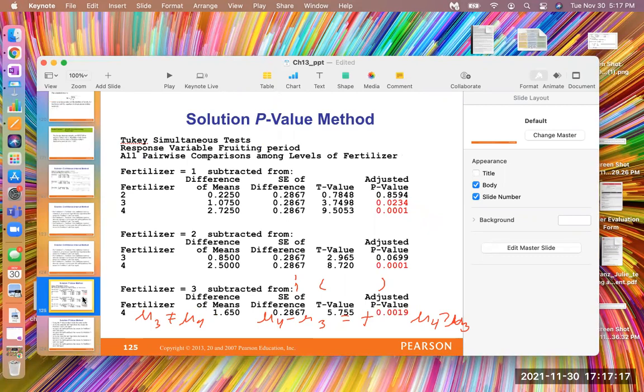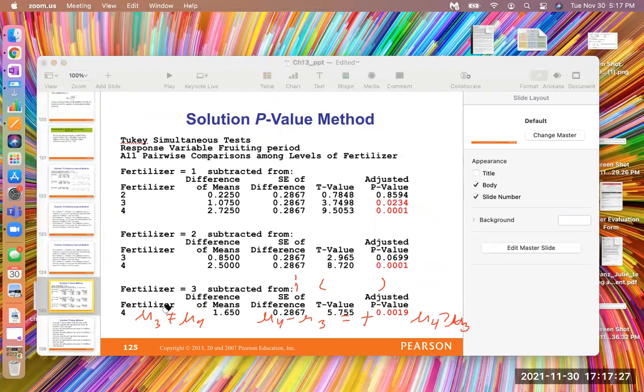Instead of looking at confidence intervals and whether 0 is in the confidence interval or not, this one looks at a p-value. This one isn't as good, because the confidence intervals tell you whether the difference is negative or positive, what the possible difference is, and which mean was larger. Here, this one just gives us a p-value, so all we know is that they are different.